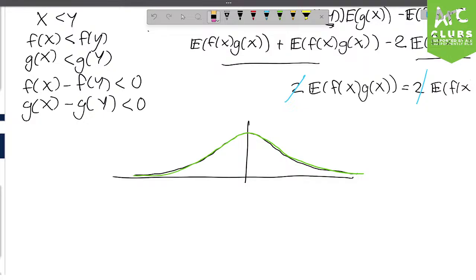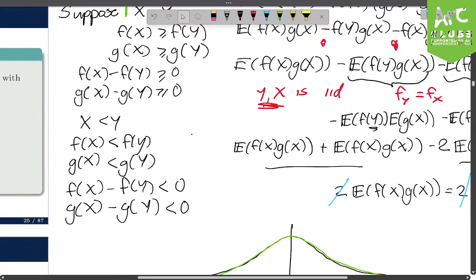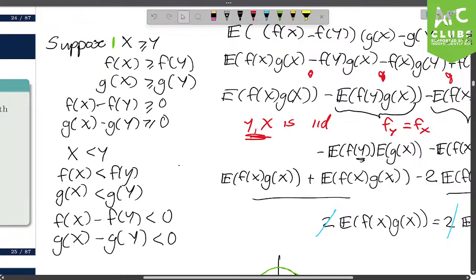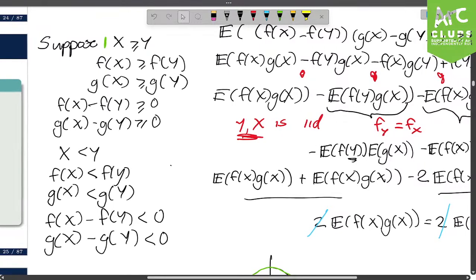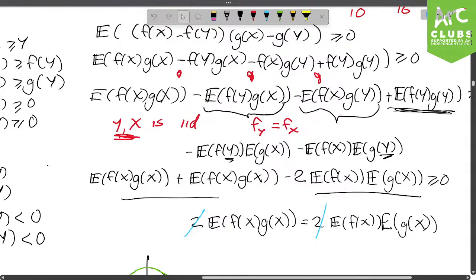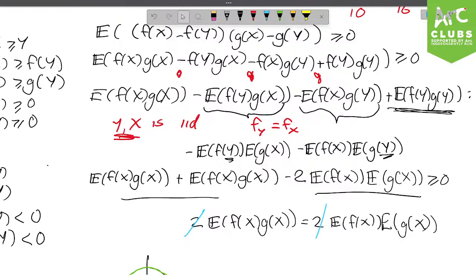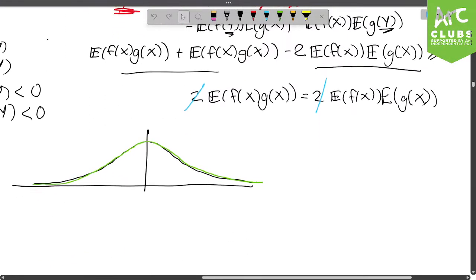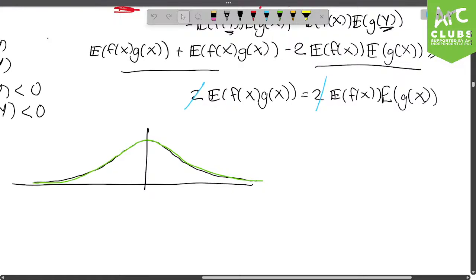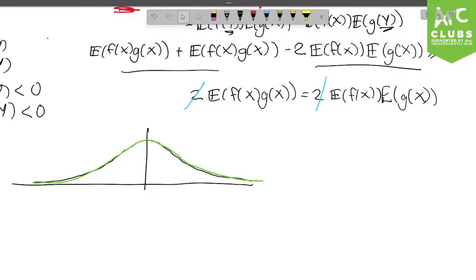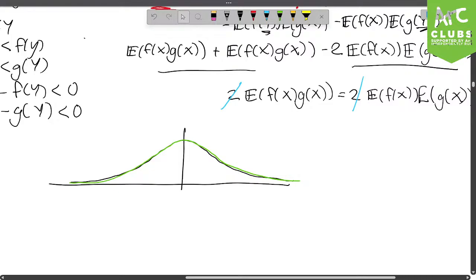Right, so we can say that x is greater than y and y is greater than x, while still having that the distributions are the same, just because in an experiment, we don't know what capital X and capital Y are. I hope that answers that question. Just because the distributions are the same doesn't mean we can't talk about x and y, the outcomes of the experiment, being greater or less than each other.